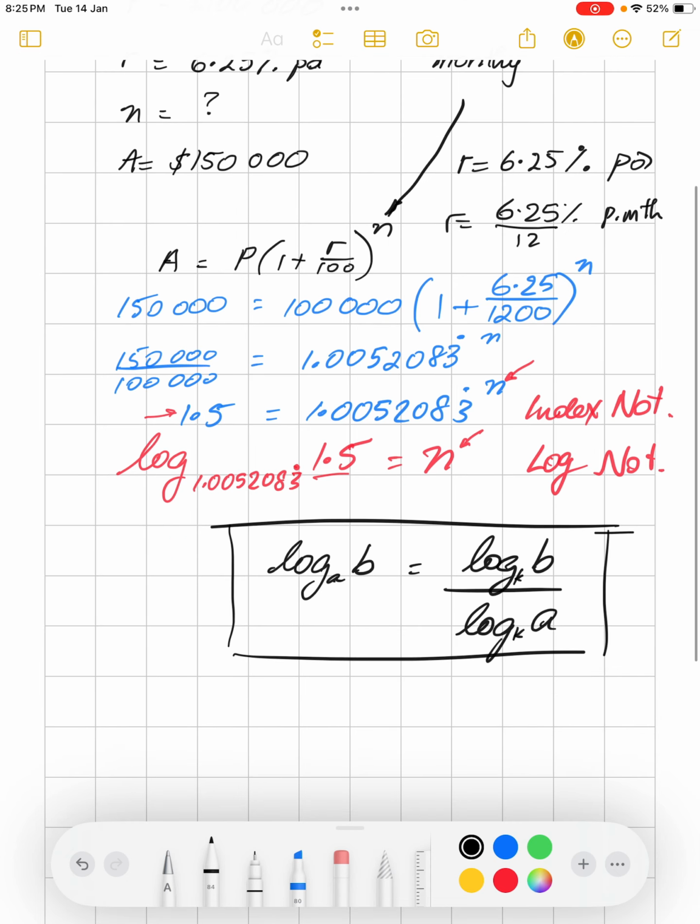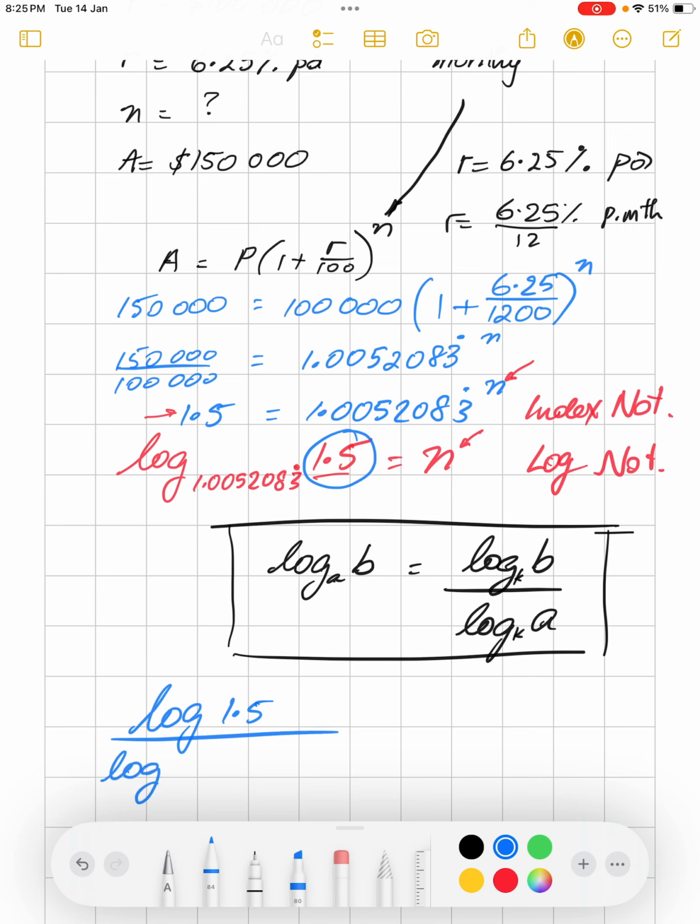Let's use that rule, and so it will be the log of 1.5 over the log of 1.0052083 recurring, and that will equal N.